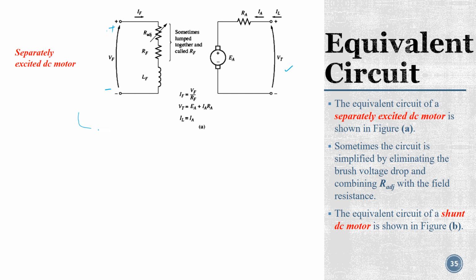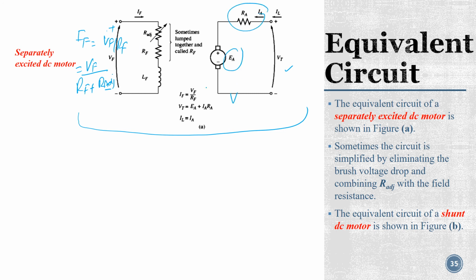This is the same equivalent circuit model you have seen earlier. In this case IF will be equal to VF divided by RF, or VF divided by RF plus R adjustment, and Vt will be equal to Ea plus Ia into Ra.